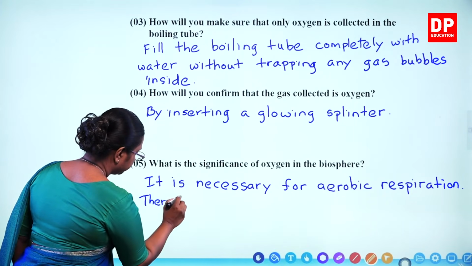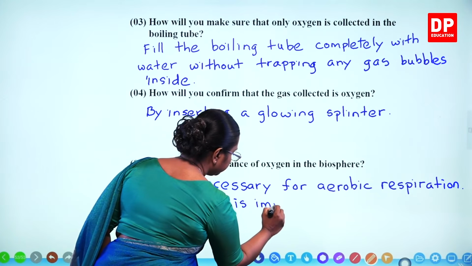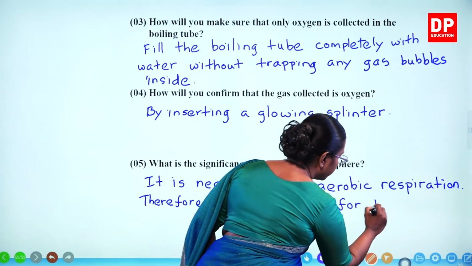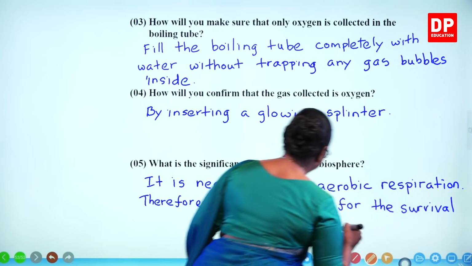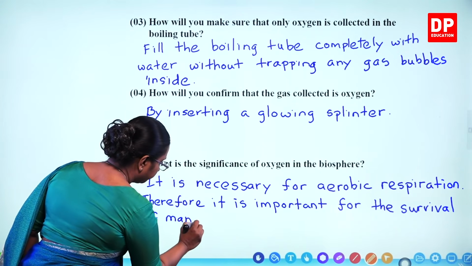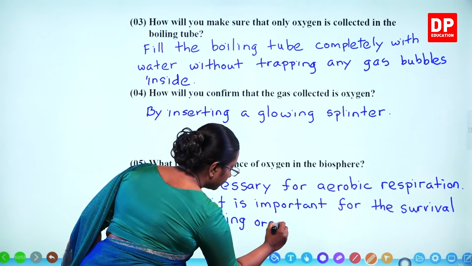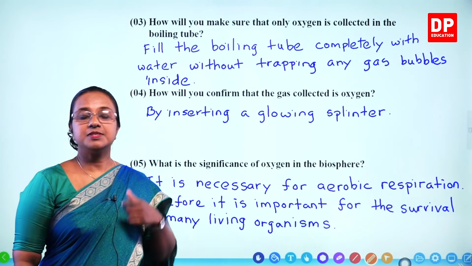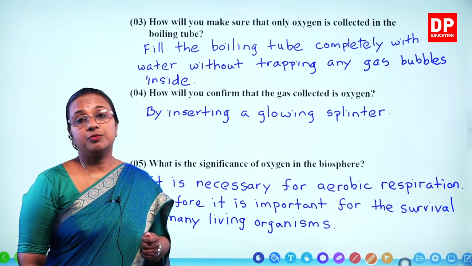Therefore, it is important for the survival of many living organisms. The organisms that need to respire oxygen, those are the aerobic organisms.